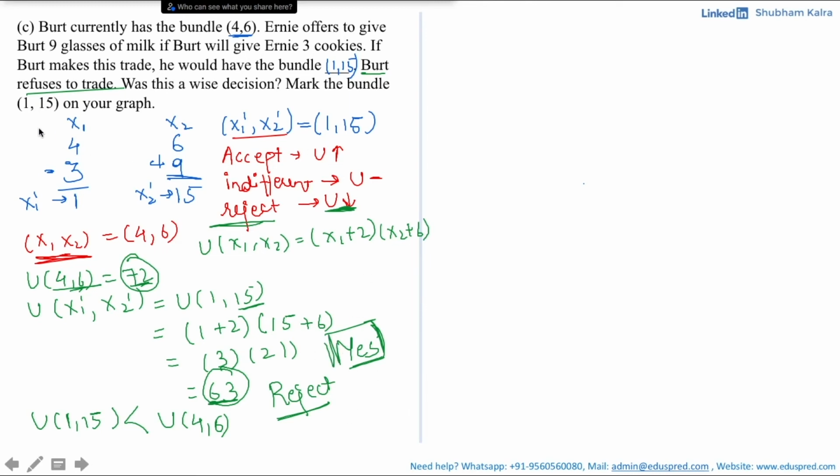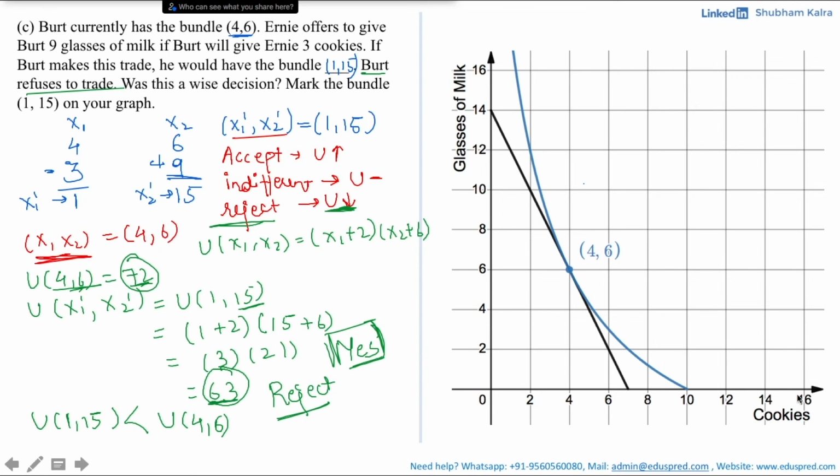Now the question further asks us to mark the bundle 1, 15 on your graph. Till now we have this graph where on the x-axis you have cookies and on the y-axis you have glasses of milk. The black line represents the tangent. The blue line is your indifference curve corresponding to this utility function. This is your point 4,6, and the black line is the tangent to the indifference curve at the point 4,6.